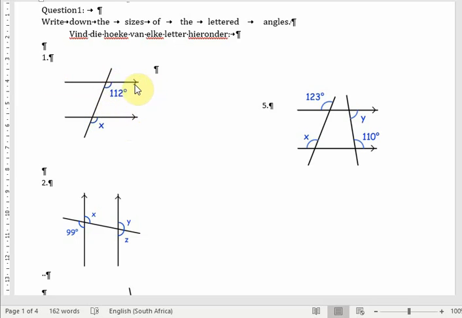But now we are asked X there, so now we see that that forms an F, and we're looking at the two angles that are at the same place relative to the parallel lines and the line crossing it.